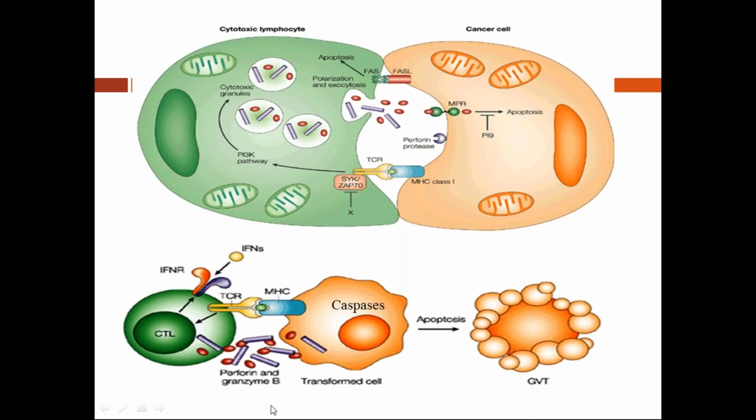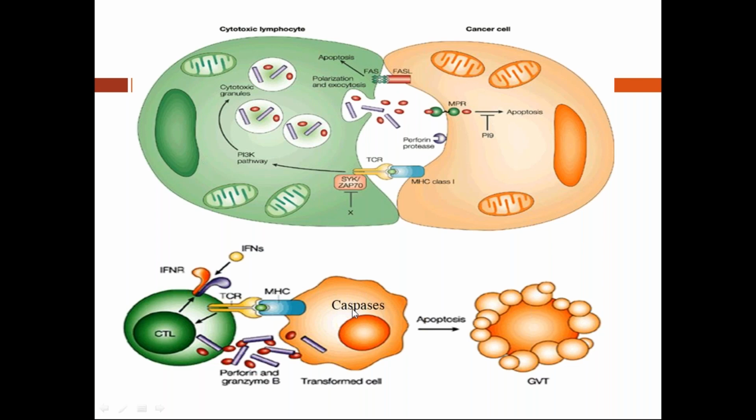So what do these toxic granules do? You have this perforin. So perforin, what does it do? It drills a hole in the cell membrane of the neoplastic cell, or it perforates the cell membrane of the neoplastic cell. Now through that drilled hole, the granzyme B enters into the neoplastic cell, and this granzyme B activates the caspase enzymes within the neoplastic cell.